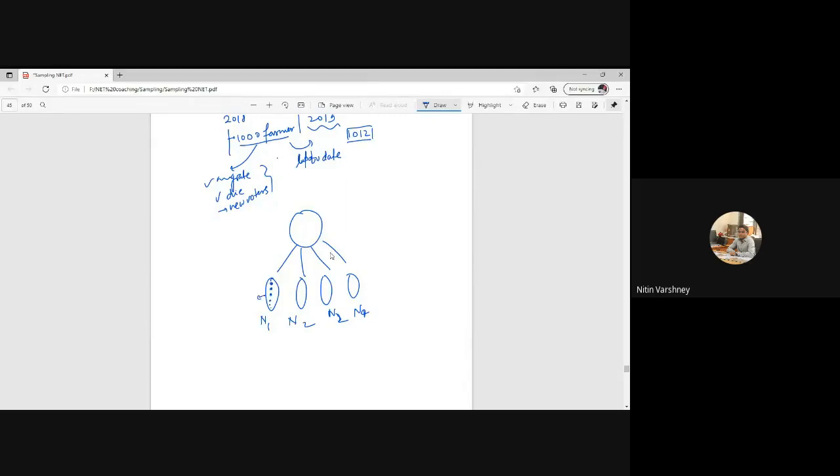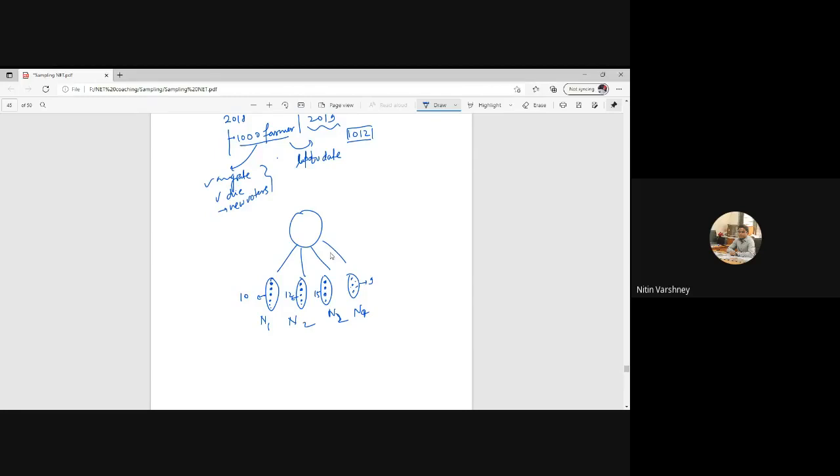Suppose there are 10 units, here 12 units, here 15 units, 9 units. So we pre-assume that we know the stratum size and the sampling frame in each stratum is available.